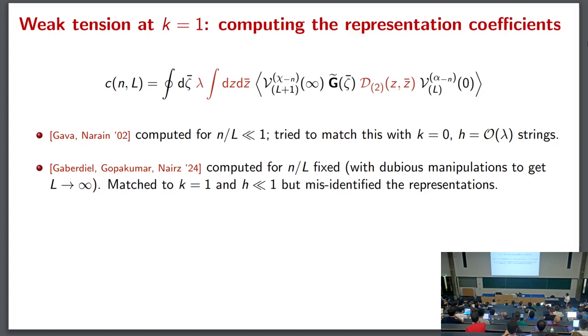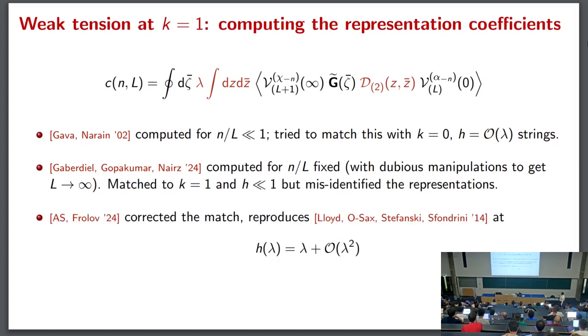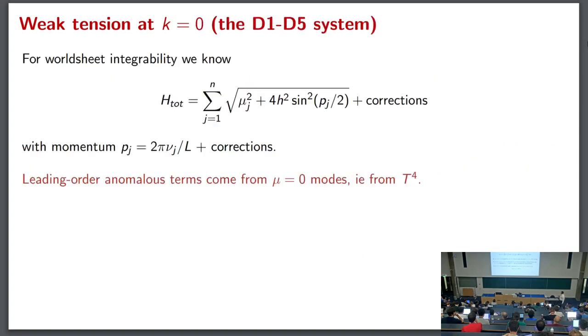And then they matched essentially with the orbifold, with the correct theory, but they didn't quite identify the correct representation in integrability. So very shortly afterwards, we actually fixed this issue, and we showed that they have reproduced indeed the S matrix that we know from integrability, and they fixed the first coefficient of this expansion to be precisely 1. It's hard to see whether there are more coefficients.